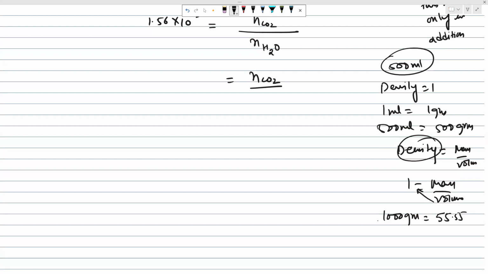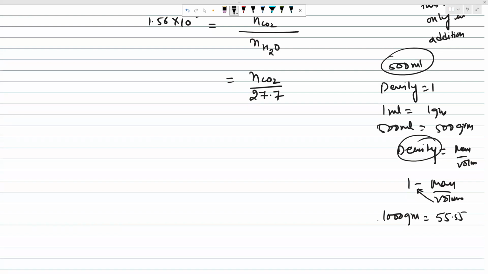Half of 55 is 27.5, and half of the decimal part gives about 27.7. When you divide it by 2, you will get this value approximately.